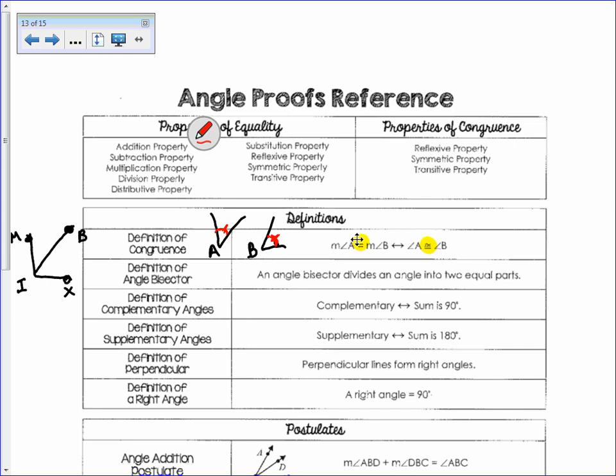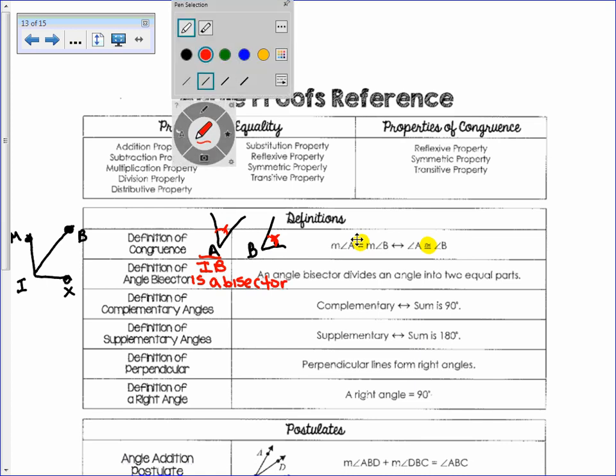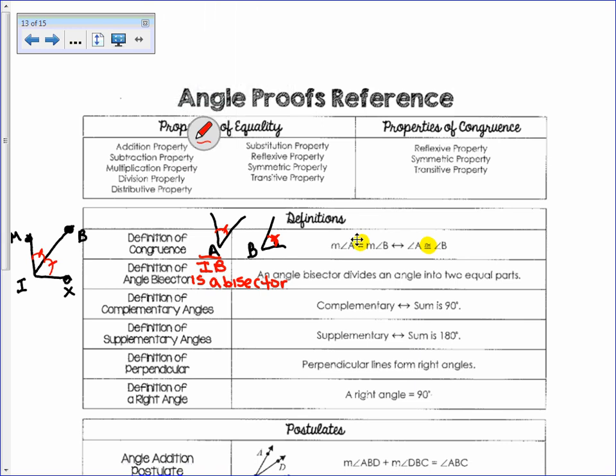So IB is a bisector. IB, write it down, is a bisector. It divides it into two equal parts. And remember, the way you show that something is congruent, you use the arc marks. This angle, MIB, equals this angle, BIX. We showed that these are two congruent angles.